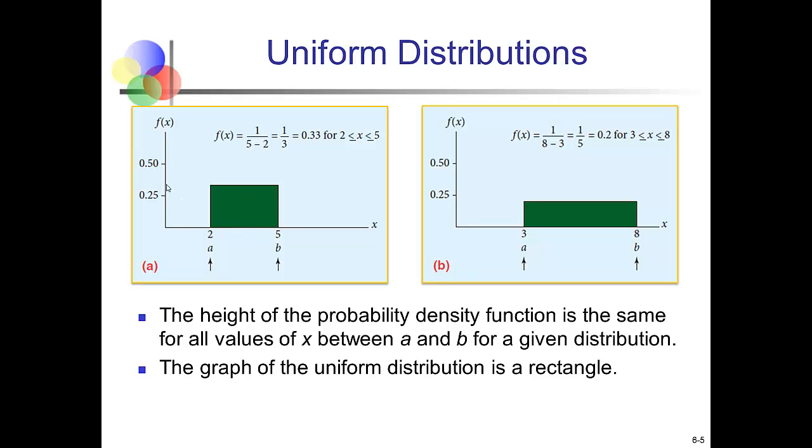So the height of this density function is 1/3. Notice that we don't really have that other part in here, the 0, because for each of these values outside of the 2 and the 5, that function is really 0. So we sort of leave that out. Here's another example where the range is from 3 to 8. So 1 over 8 minus 3, I get 1/5. The height of this function is 1/5 or 0.2.